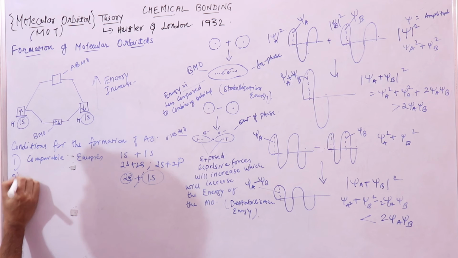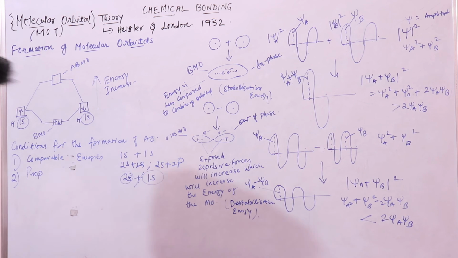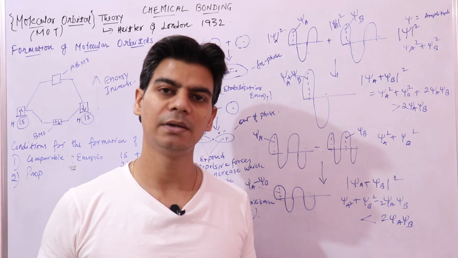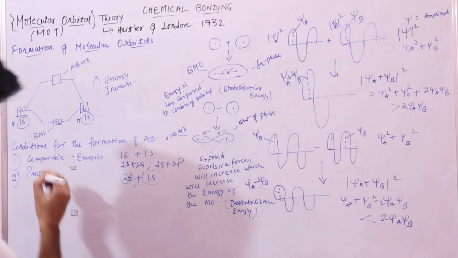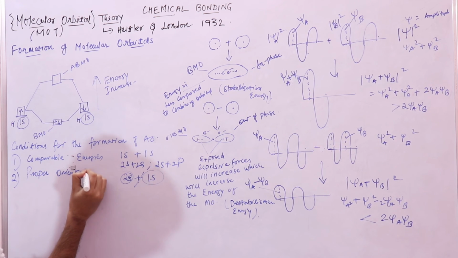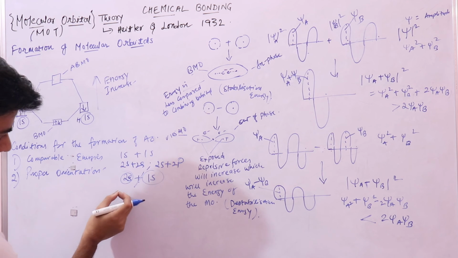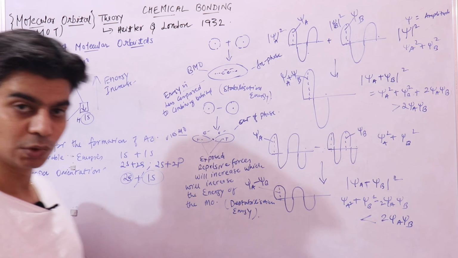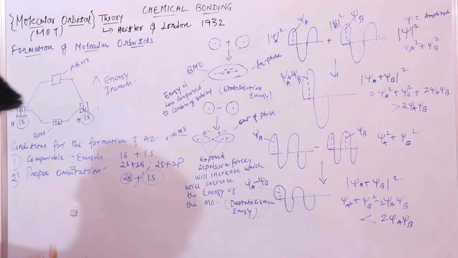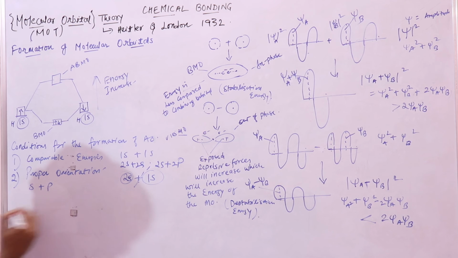The second condition is that they should have proper orientation. When atomic orbitals combine, they should combine in proper orientation. That is, 1s will combine with 1s, 2s with 2s, and an s orbital can combine with a p orbital.